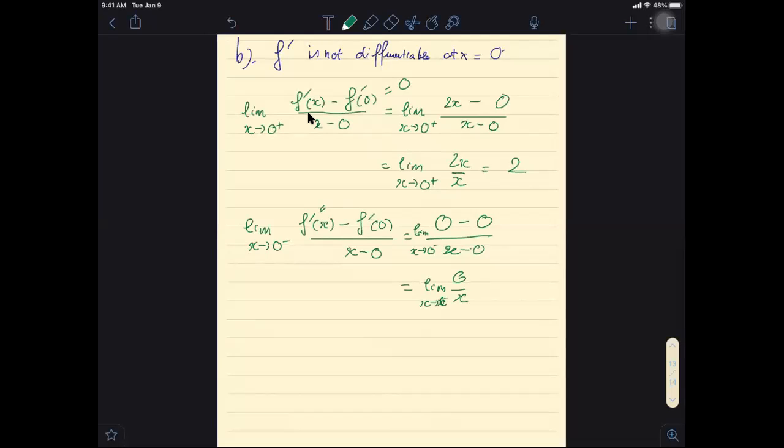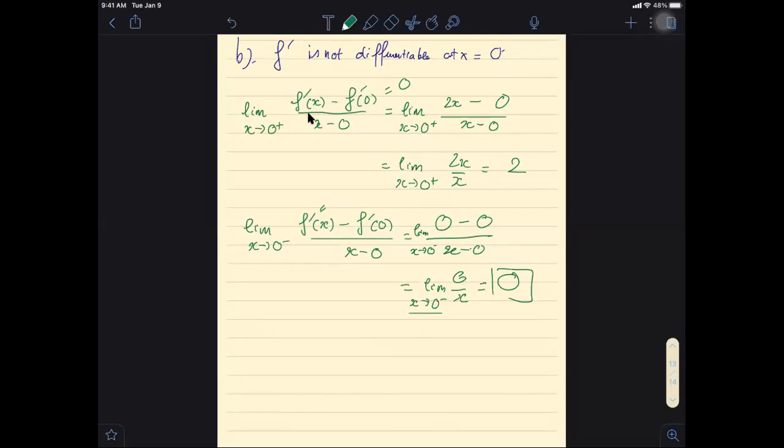Then when x approaches 0 from the left, we can divide, because x approaches 0 but is not 0. You can divide 0 by something very close to 0, and it's going to be equal to 0.